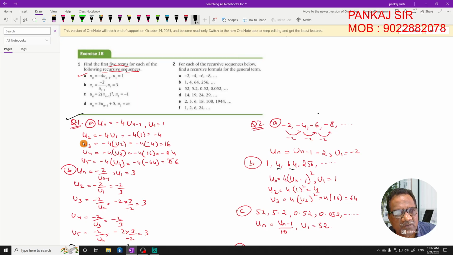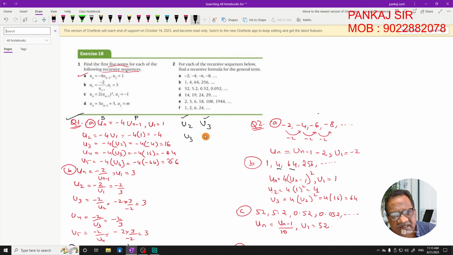Now suppose if you want to find out u2, in this general term, un minus 1 is always the previous term and un is the successive. Previous means the term on the left and successive means the term on the right. So out of u2 and u3, the previous will be u2, the successive will be u3.